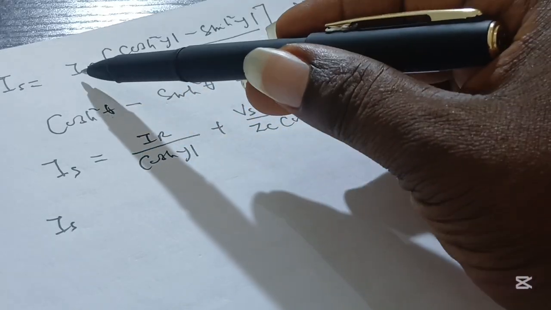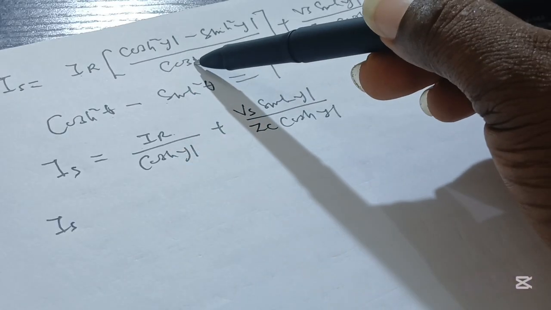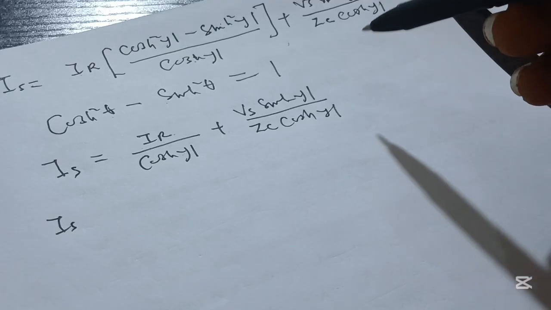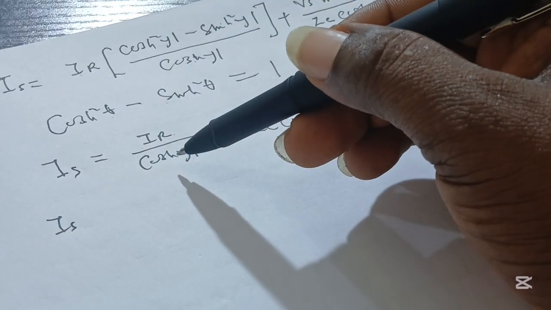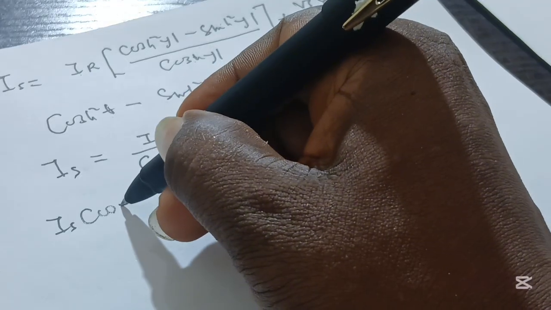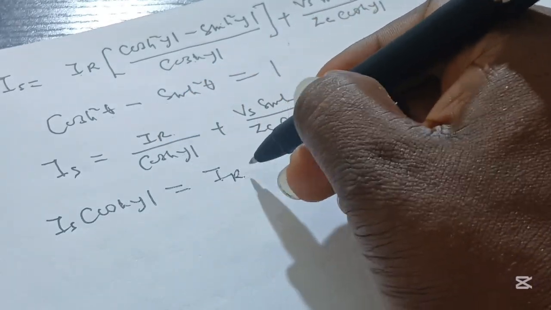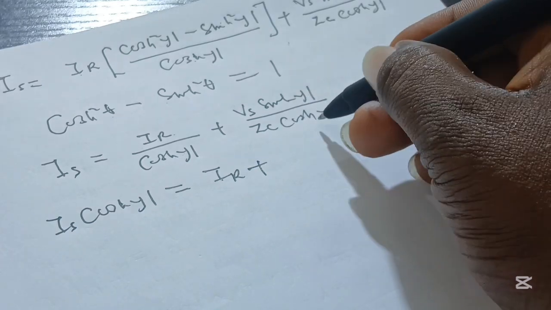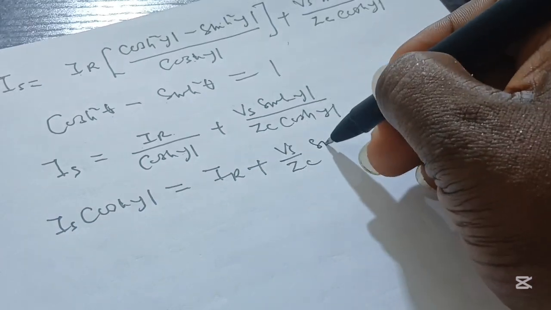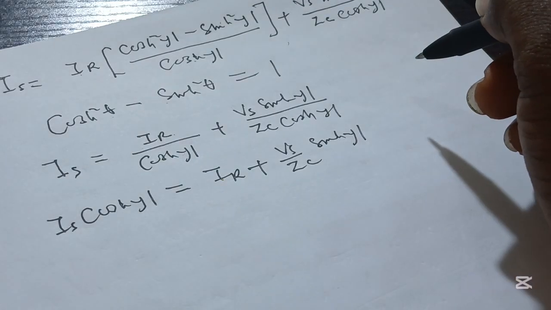Having provided this, so the whole of this is 1. That is why we're having current times 1. We have this, and this we have this. So we can multiply through by cosh(γl). So this is going to be cosh(γl) is equal to plus VS divided by ZC. This will mean we have that.